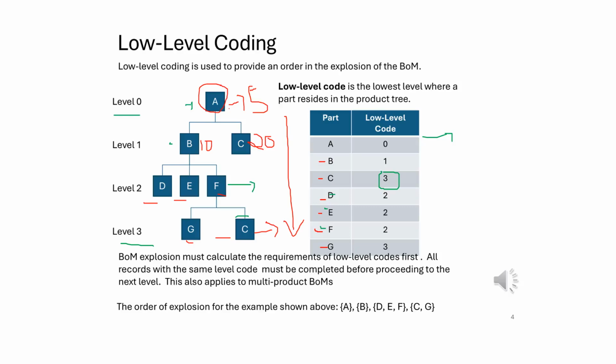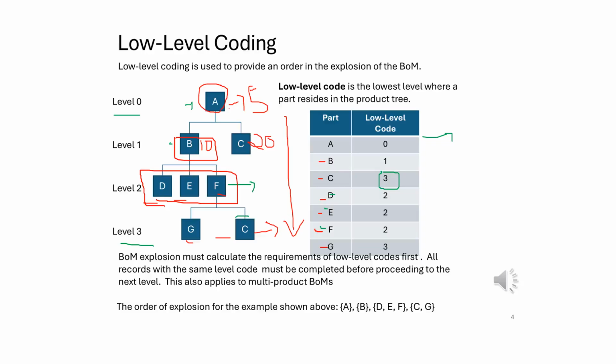We can do the MRP for E first, and then D, and then F. Or we can do the MRP for F first, and E next, and D in the end. So the order doesn't matter, but the MRP for D, E and F have to be done only after we draft the MRP for B.